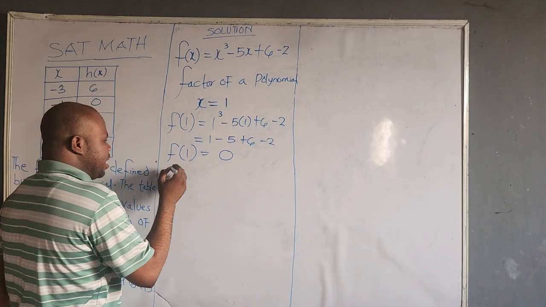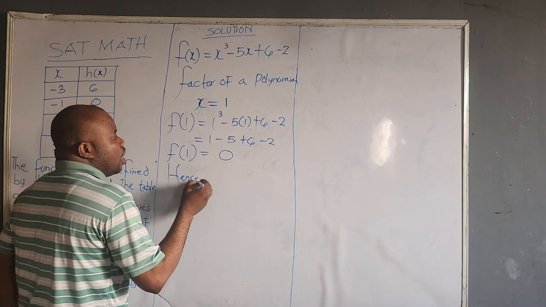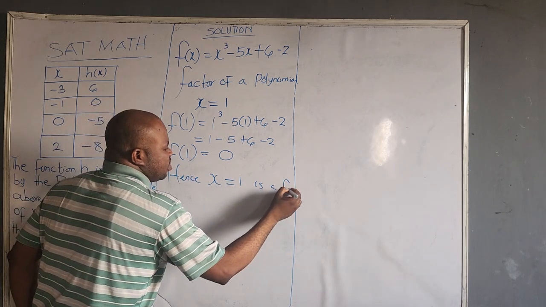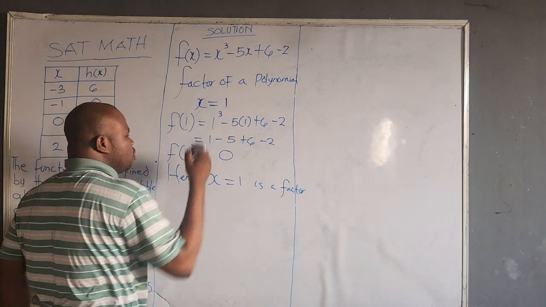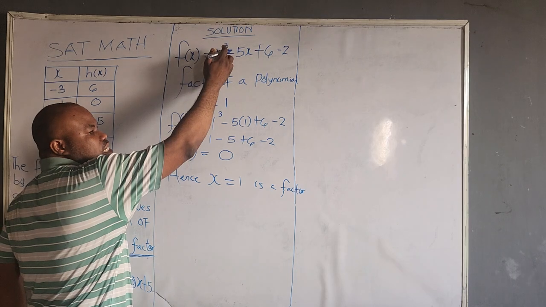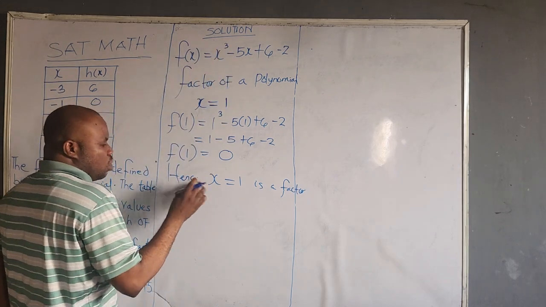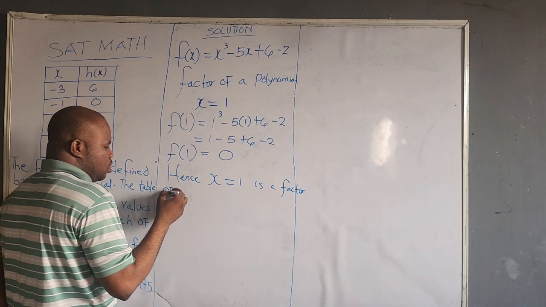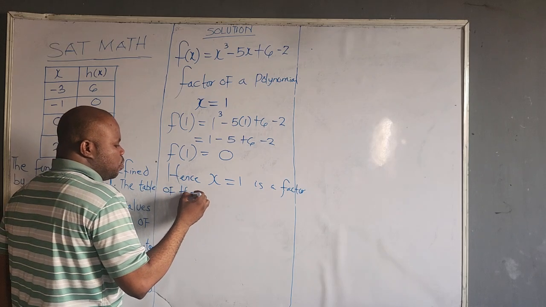Hence, x equals 1 is a factor of this polynomial, not the only factor, but one of the factors. So since this is cubed, it must have 3 factors. So x equals 1 is one of the factors of that polynomial.